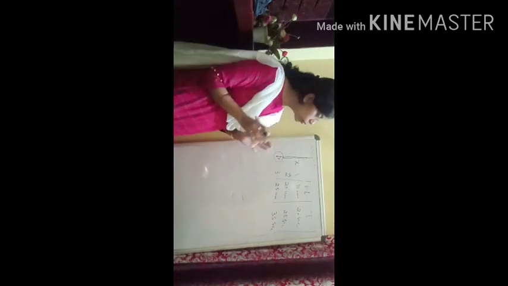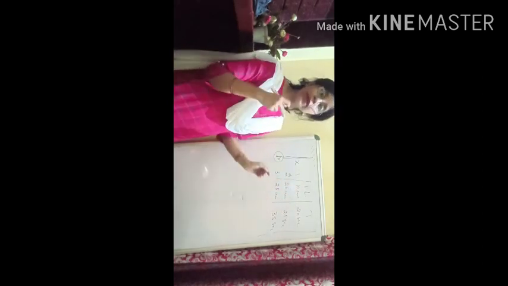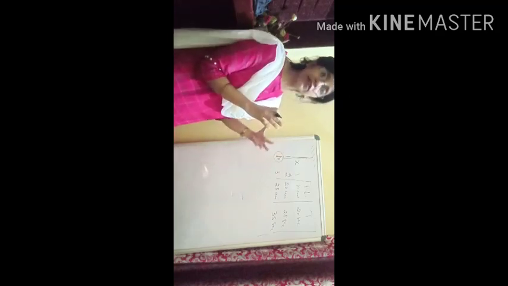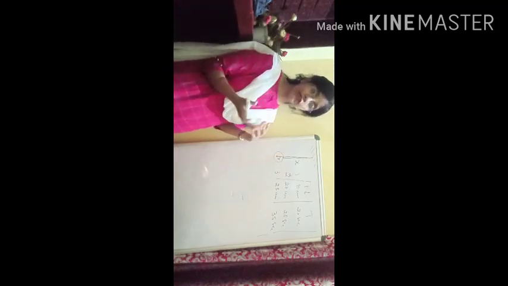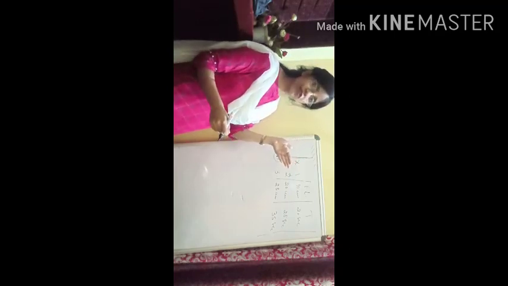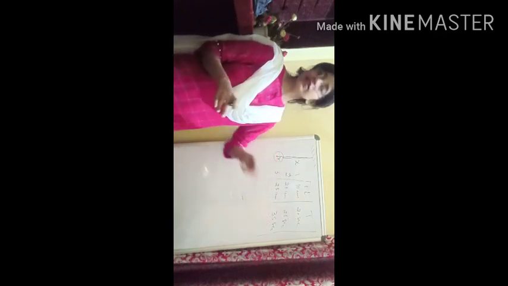So what are we observing? When we change the effective length, the time period of the simple pendulum changes. Are you getting my point? This is the experiment we will do in our lab: we take different effective lengths and see how the time period varies.